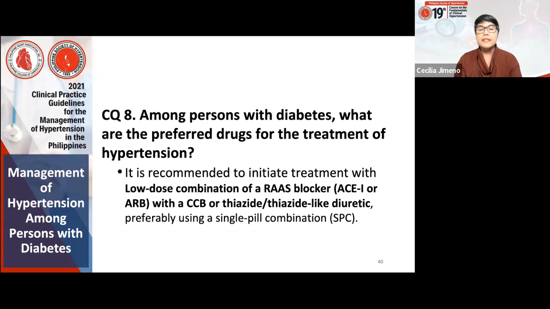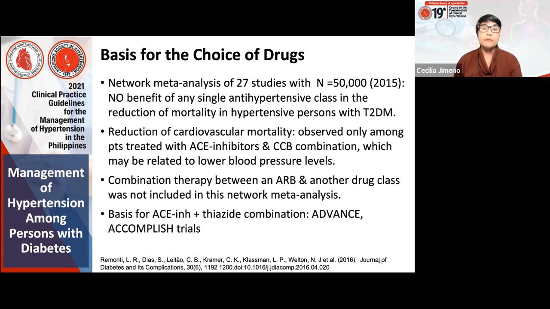And the evidence for this comes from a network meta-analysis of 27 studies with around 50,000 people. And there was no benefit of any single antihypertensive class in the reduction of mortality among hypertensive persons with type 2 diabetes. The reduction in CV mortality was only found in the ACE inhibitor and CCB combination.